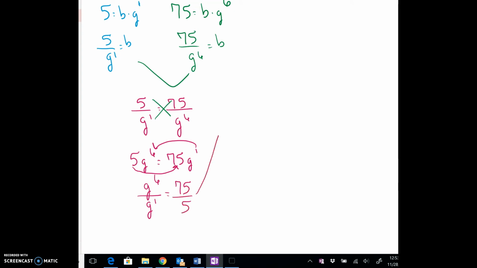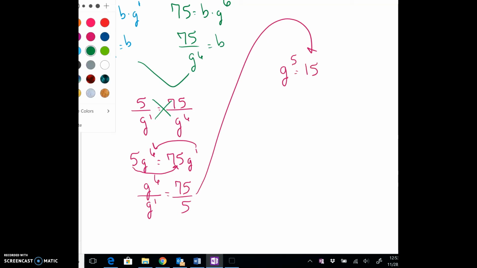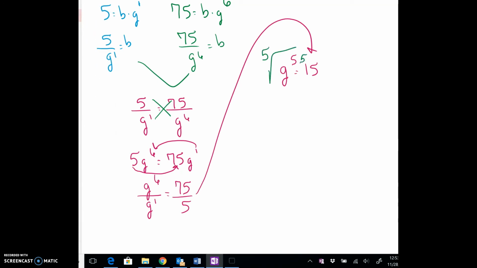So now I'm just going to clean up these two fractions. g to the 6th over g to the 1 becomes g to the 5th power, and 75 divided by 5 is a nice number. It's 15. And so now to figure out what g is, I'll take the 5th root. So you'll need your calculator. You'll take the 5th root of 15, which is not going to be a nice number. You'll be on the main screen.